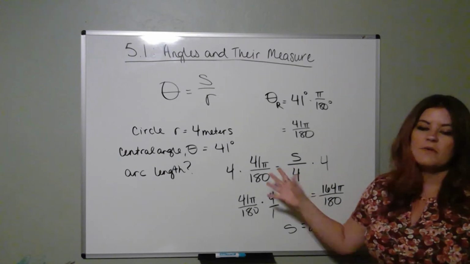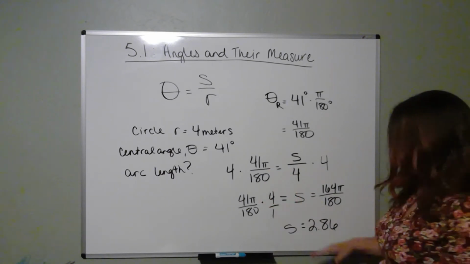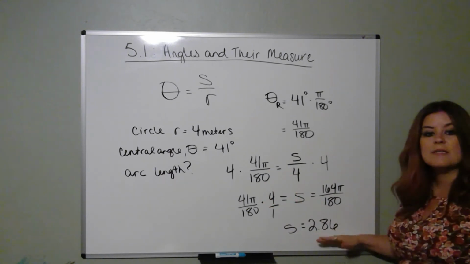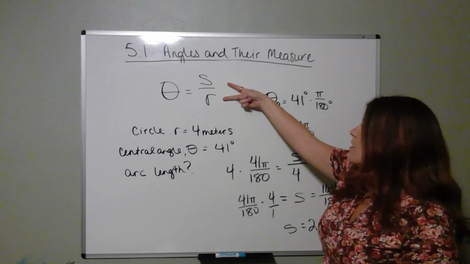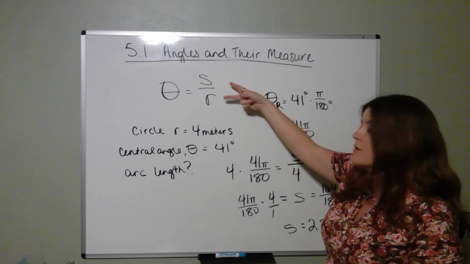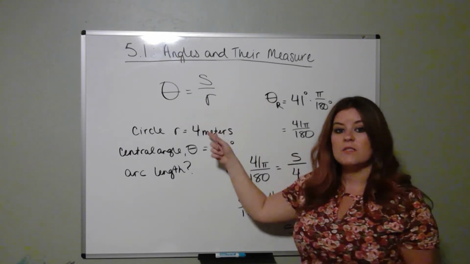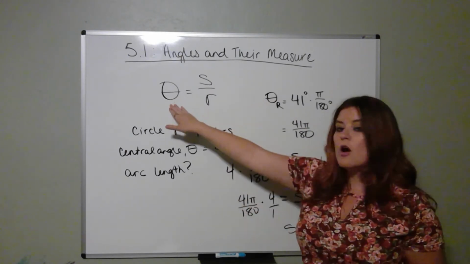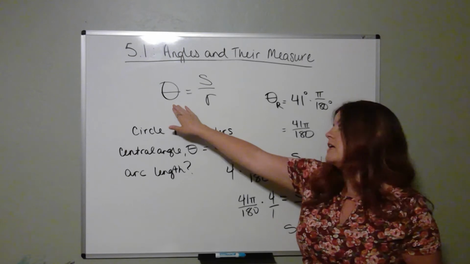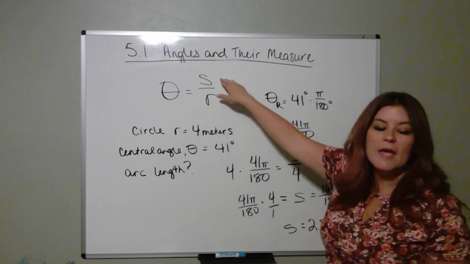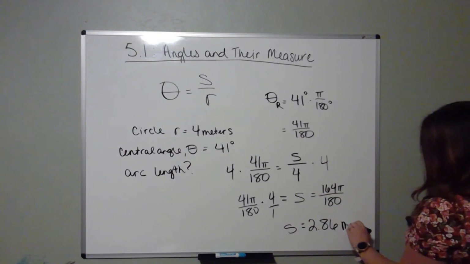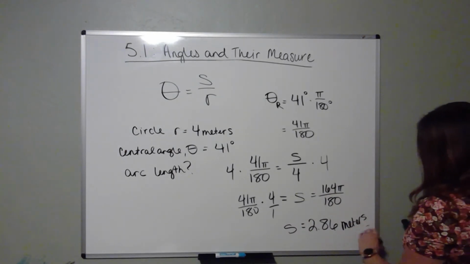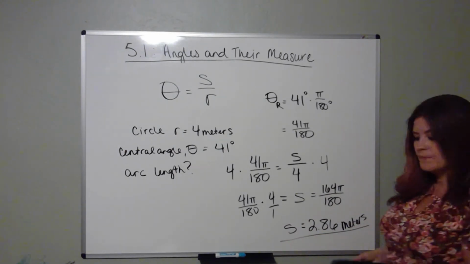You just always make sure you know what it's looking for in the instructions. 2.86 what? Meters. Remember, S and R have to be the same units for this equation to hold. Because I already knew the measure of theta and I already knew R, S is also going to be in meters. So 2.86 meters, and we found our arc length.